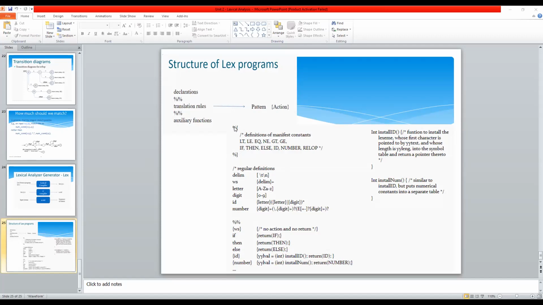The declaration section is always specified. If suppose these declarations you need in your C program also, because what is happening, we are storing this whole file as a .l, which is going to convert it into .c.